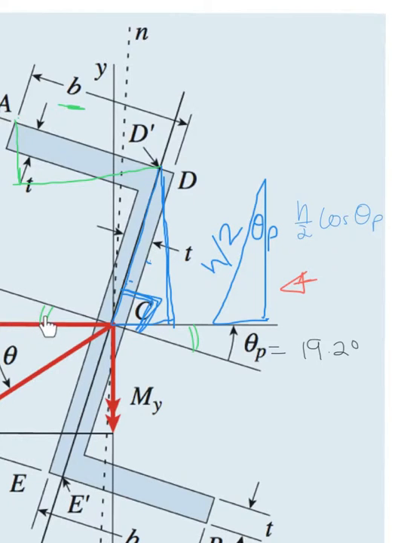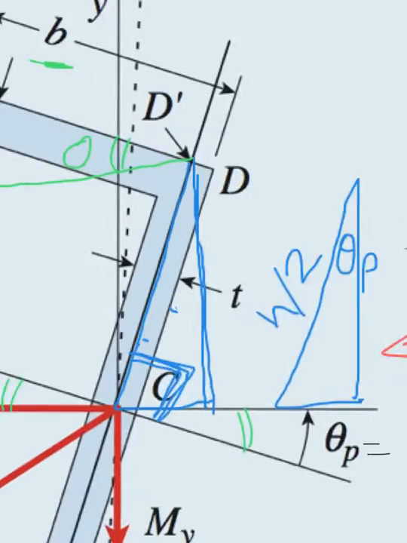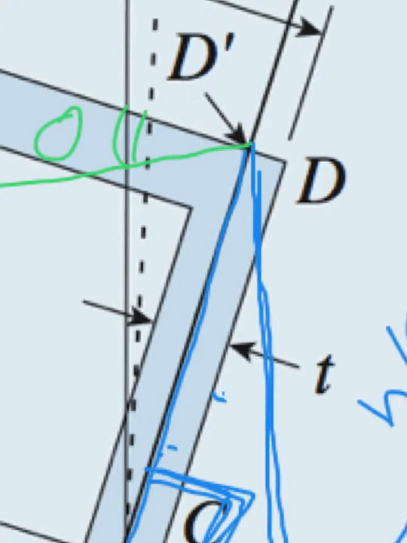That angle is theta p. That one has a particular angle with respect to this, which is also a horizontal, and that angle will obviously have to be theta p as well. So these two are equal. So we have theta p here.